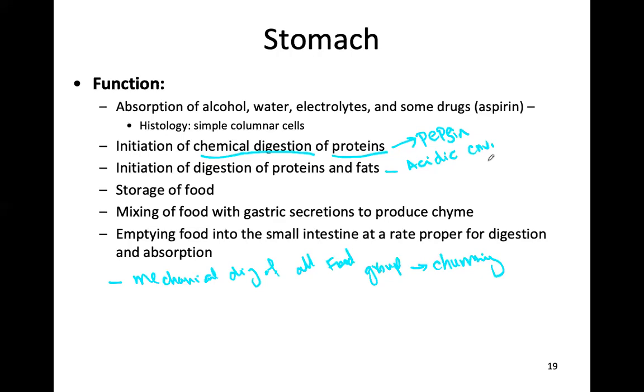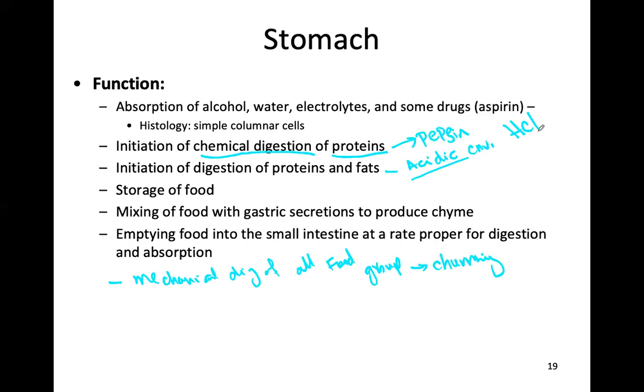Now, let me clarify a couple of things before we move on from this slide. So inside the stomach, you have pepsin. You have an acidic environment created by a very strong acid called hydrochloric acid, or HCl. You have a significant mechanical digestion, which is basically churning of your food. So if you take all of these together, by the time the stomach is done with, quote unquote, your food, it does not resemble anything that you started with.